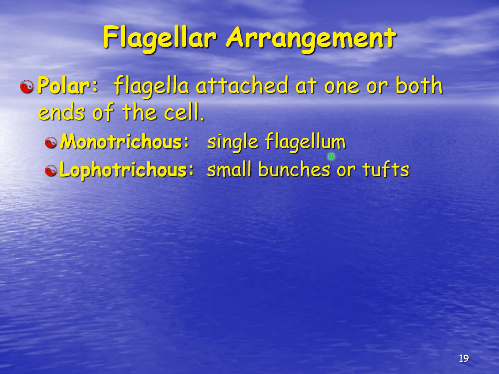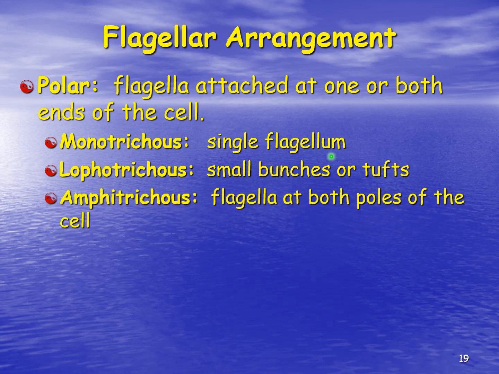Lophotrichosis means that we have more than one flagella, usually in bunches or tufts, located again at one pole or one end of the cell. And then amphitrichosis, amphi meaning both ends, basically, we have flagella at both poles of the cell.